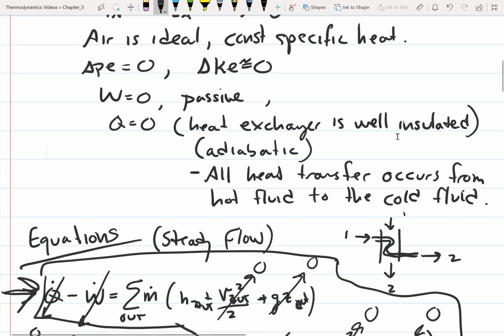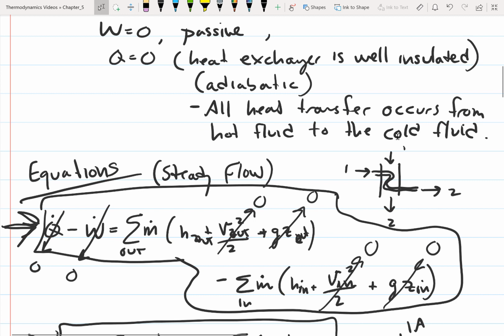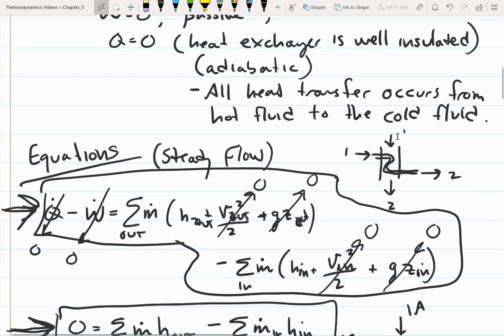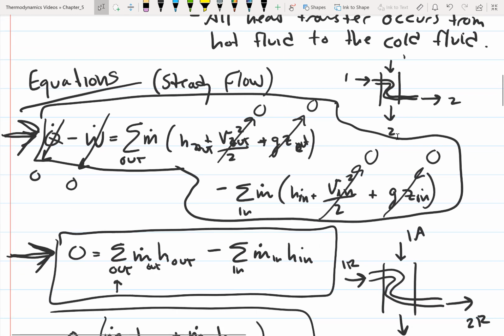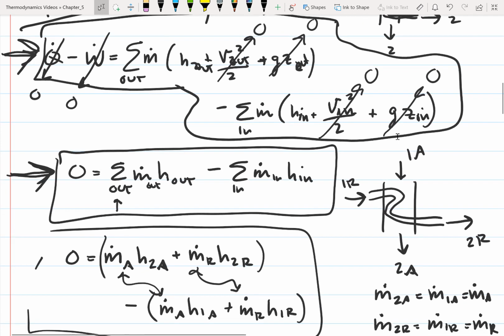So we need to make assumptions so that we can make this equation solvable, and also simplify it so we can get a reasonable answer fairly quickly. That's why we make assumptions, so we know what we can cancel out of our equations and get an equation that's solvable.